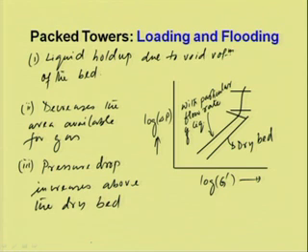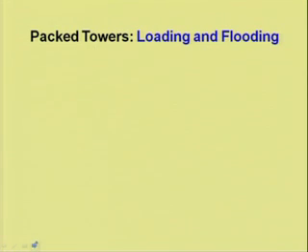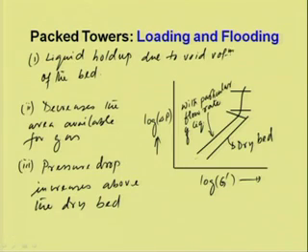This is the M and N curve for the dry bed, and this is at a particular liquid flow rate: O, P, Q and R are the points.